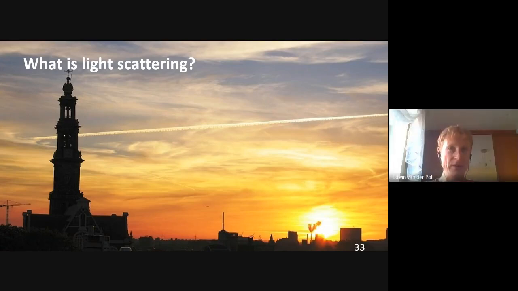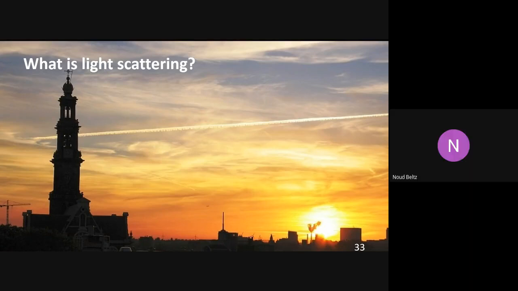Is light scattering only in the air? Because you were talking about air, of course, because on the slide. Yeah, true. That was one of the prime examples, but for instance, in the water as well. That's why in the sea everything looks blue, greenish, and the deeper you get, the less red you see.